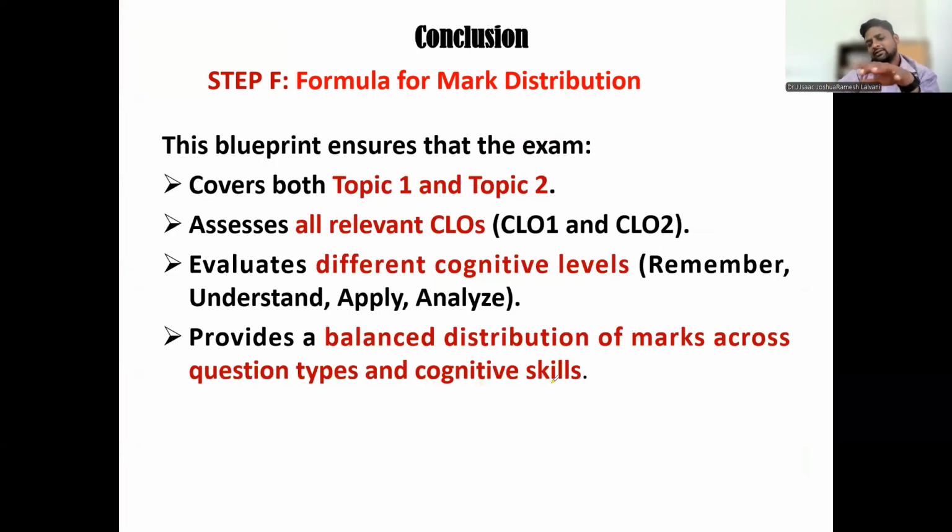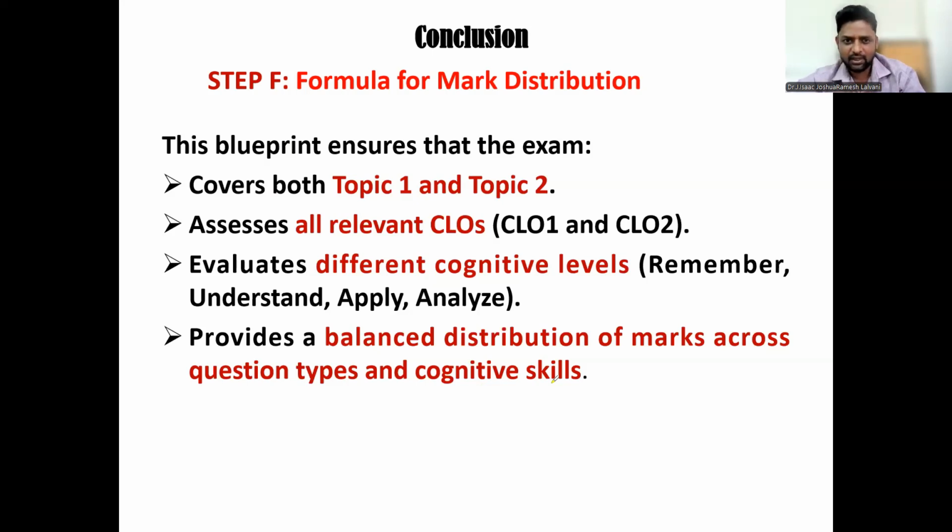By this method, we can conclude that our evaluation and assessment questions are fair. It covers both topic 1 and topic 2, and it assesses all relevant learning outcomes, so that after finishing the subject we can assure that the student has completed it in the right way. He knows all the course learning outcomes, so the objective is fulfilled.